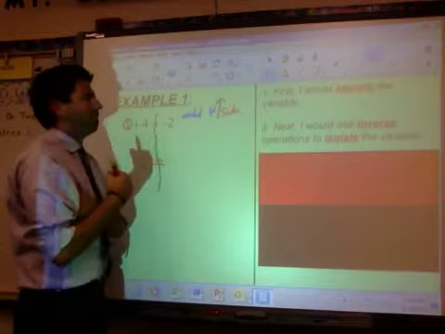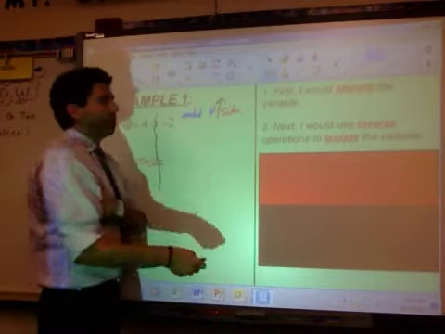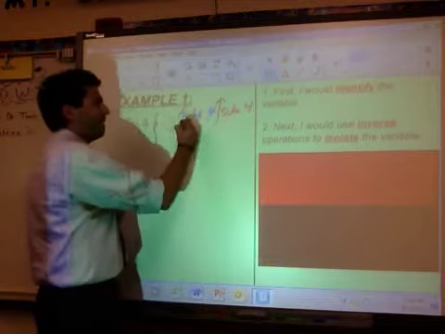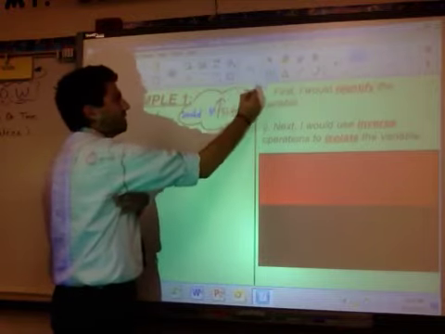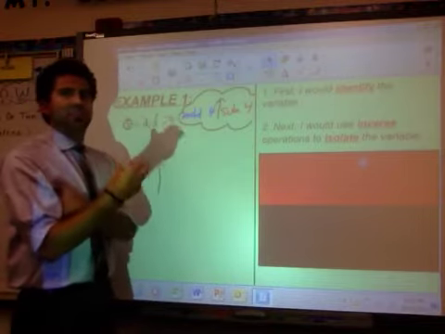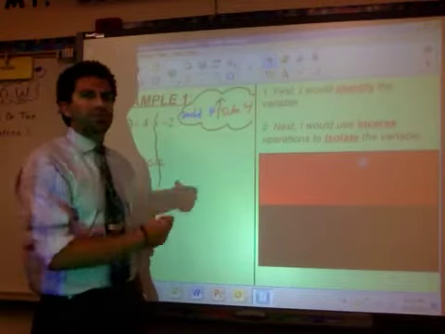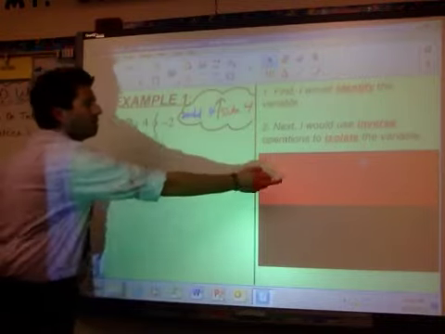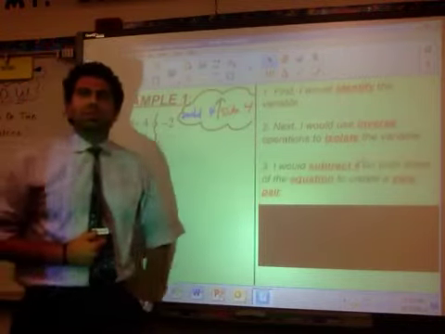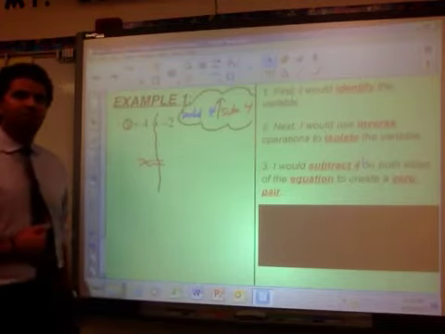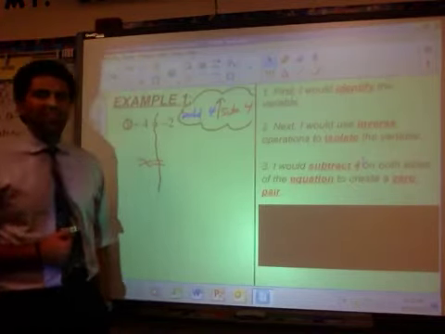Well, if we add 4, it makes sense that we're going to be subtracting 4. So whenever you're figuring this out, ladies and gentlemen, I like to put a little bubble around it. And what you need to pay attention to is we're going to be doing what's on the right-hand side here. We're always going to put the inverses over here. But let's use complete sentences. I would subtract 4 on both sides of the equation to create a zero pair.